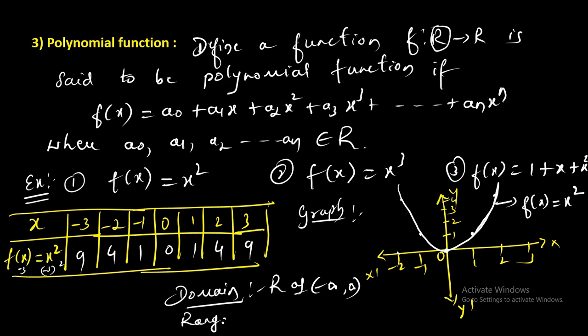Writing the range is very important, dear students. Range means the values obtained. What kind of values do you obtain? 9. Don't think that only 1, 4, 9, 16. Between them also you got values. So the range of this function is the positive real numbers, that is 0 to infinity including 0.